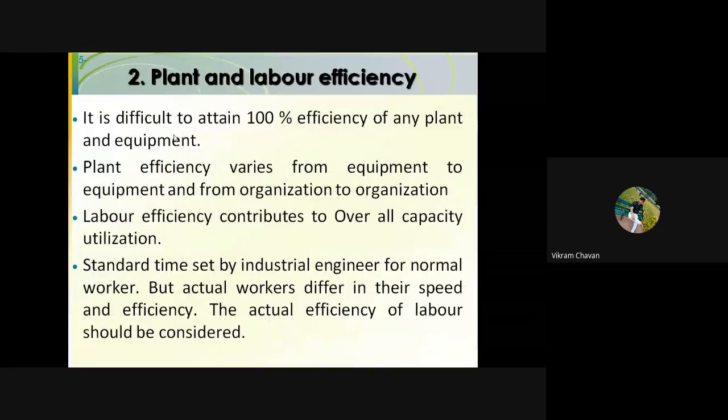Okay, so the second factor which will influence the effective capacity is nothing but plant and labor efficiency.